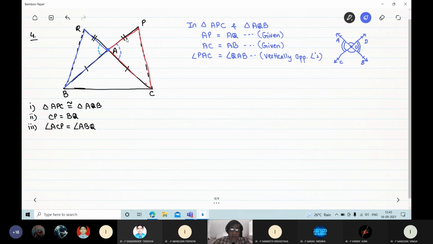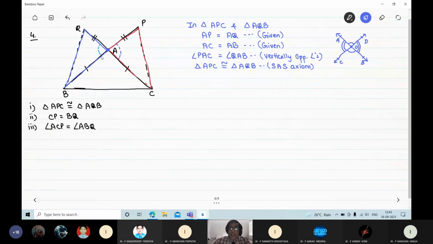So now we have side, included angle and side. So I can say that triangle APC is congruent to triangle AQB, and this is congruent by the side-included angle-side axiom. Now I have proved the first part.